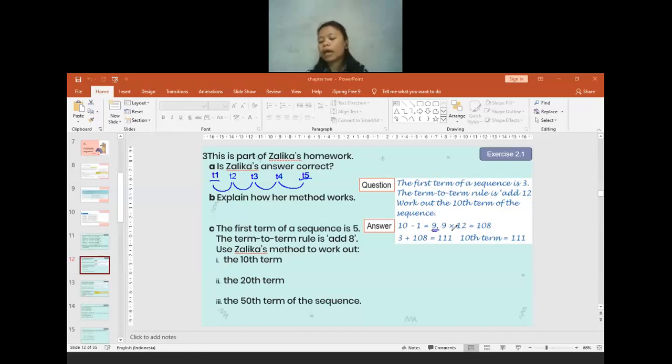So the addition I have to make is 9 times 12, which equals 108. Then the 10th term will be 3, the first term, plus 108, which equals 111.